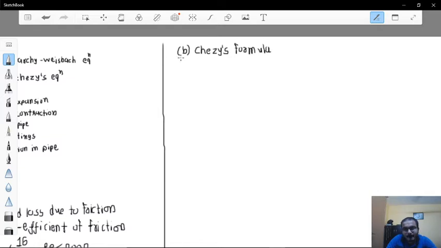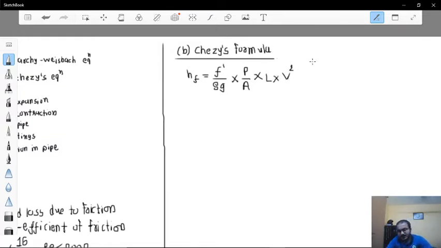So here we have also derived one equation for this in our previous topic or chapter. hf is equal to f prime upon rho g multiplied by P upon A multiplied by L multiplied by V square. Again, hf is the head loss, A is the area, P is the perimeter, L is the length.